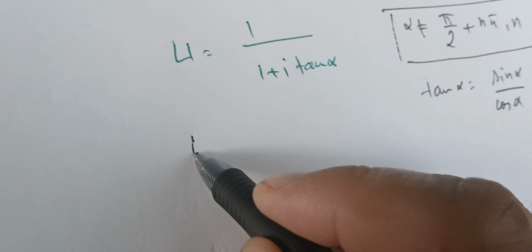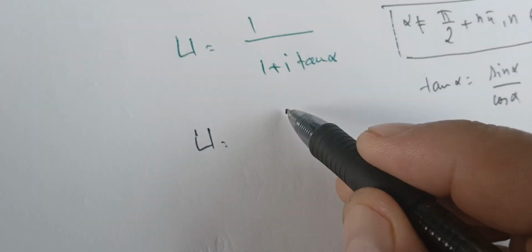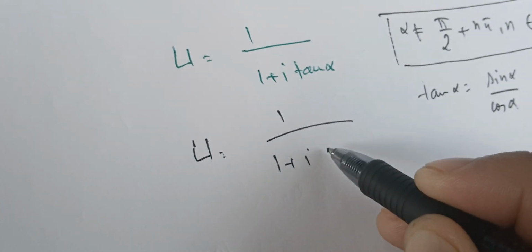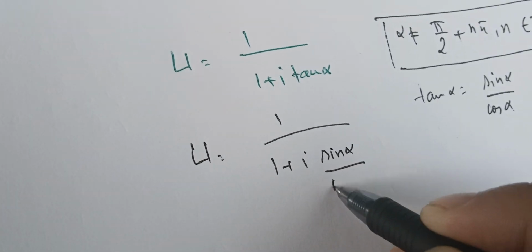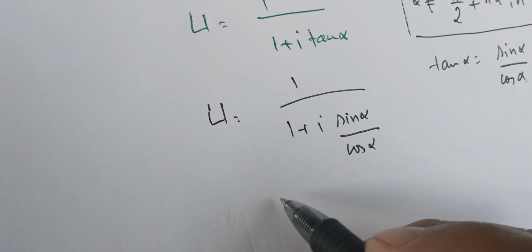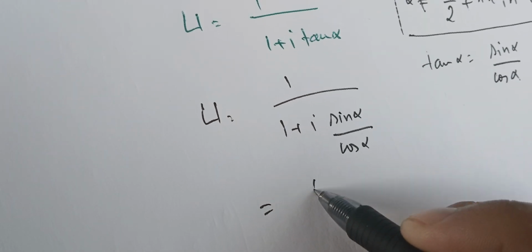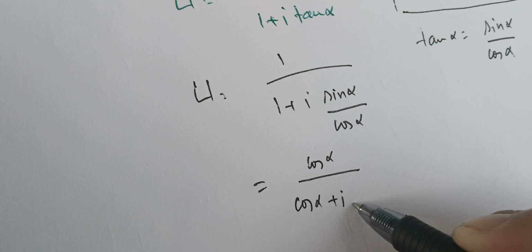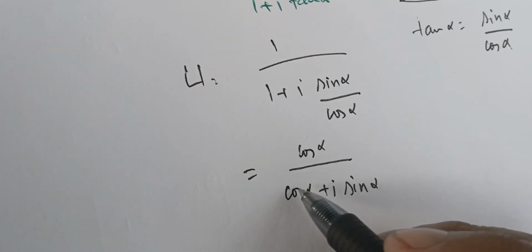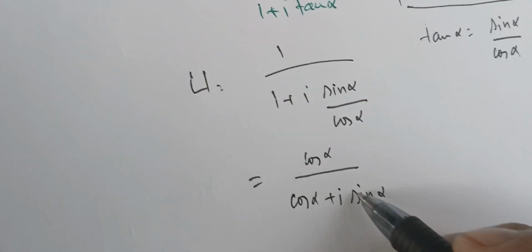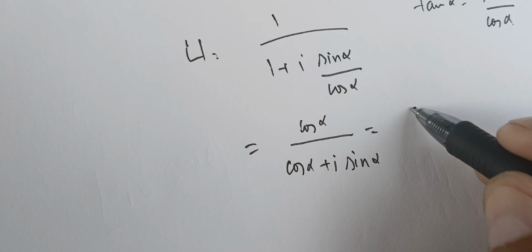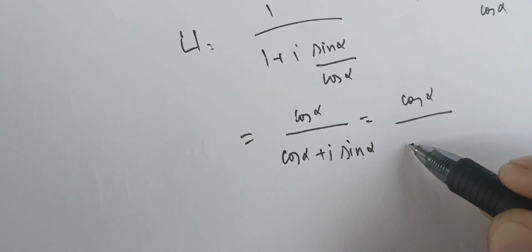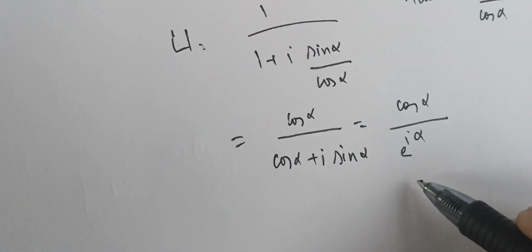Using that, we have u is 1 over 1 plus i sine alpha over cosine alpha. We can simplify one more time to get cosine alpha over cosine alpha plus i sine alpha. According to Euler's formula, we know this is cosine alpha over e^(i alpha).